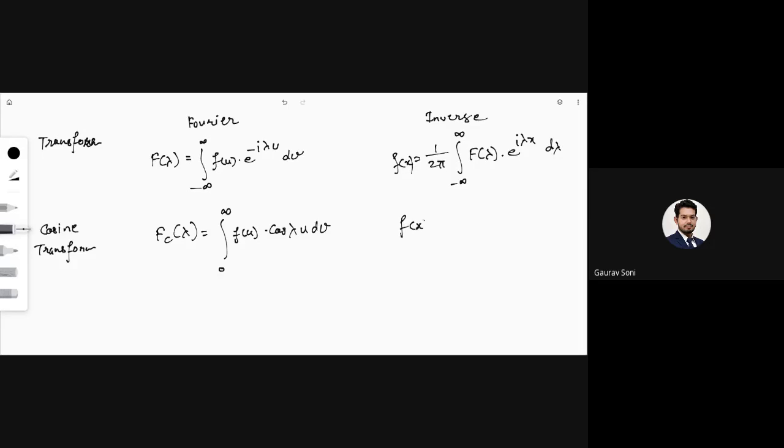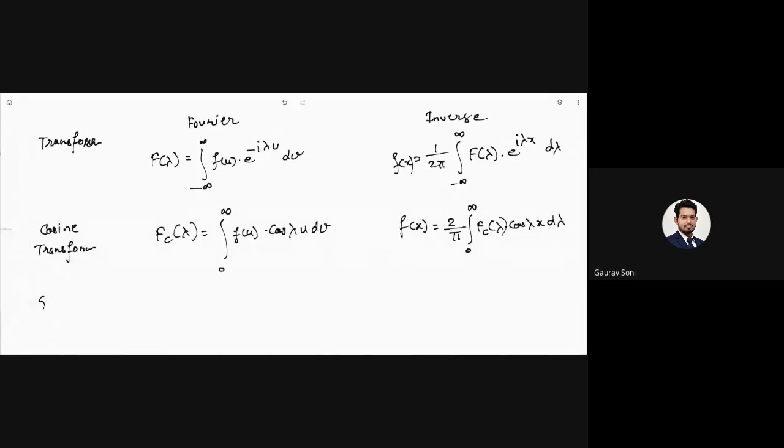An inverse Fourier cosine transform is given by 2 by pi integral 0 to infinity of capital F suffix c of lambda cos lambda x d lambda.